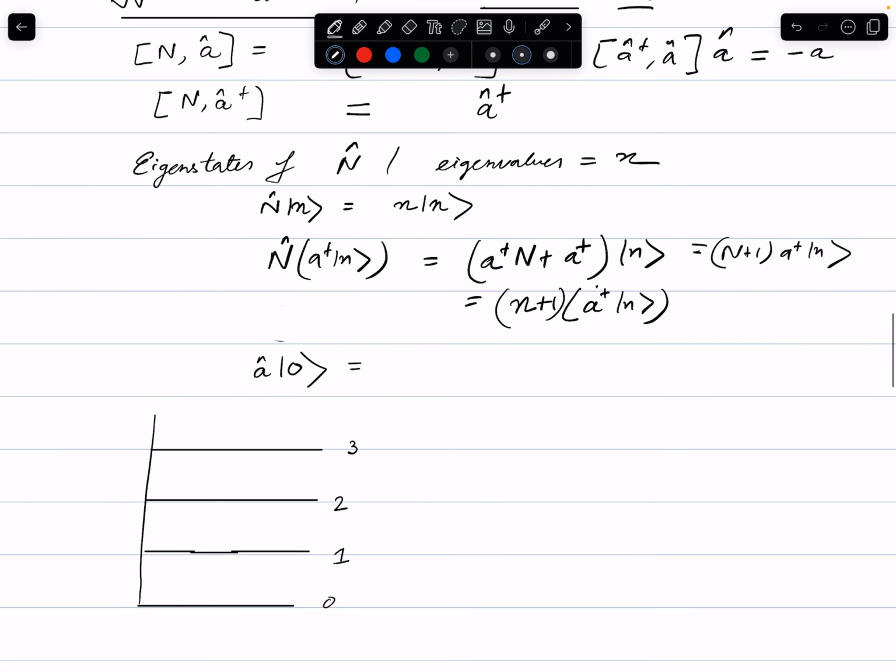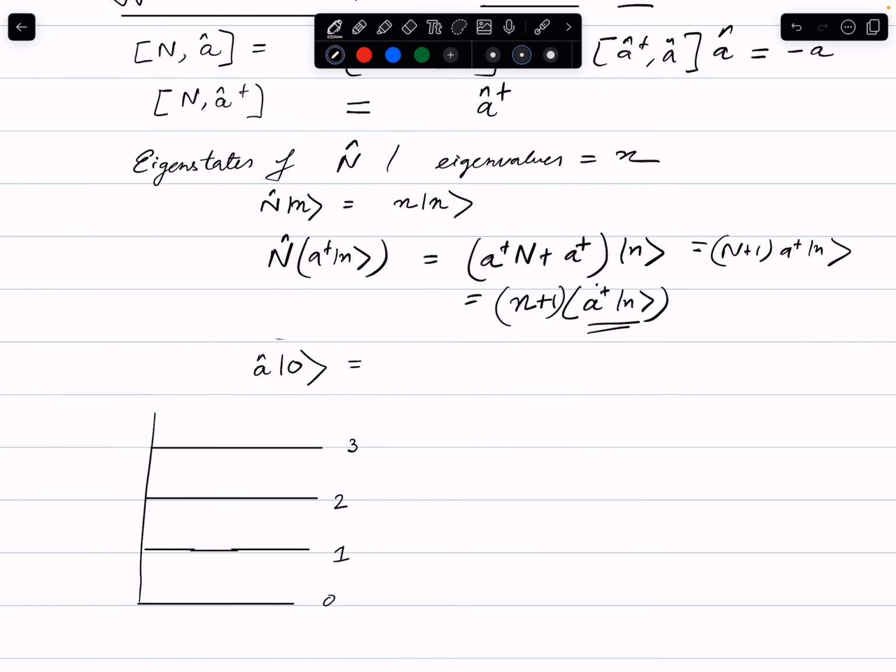So A dagger n is also an eigenstate of n with the eigenvalue n plus 1. So it increases the eigenvalue by 1 when I act with A dagger, and similarly when I act with A, it decreases the eigenvalue by 1. So I get, this is A n.